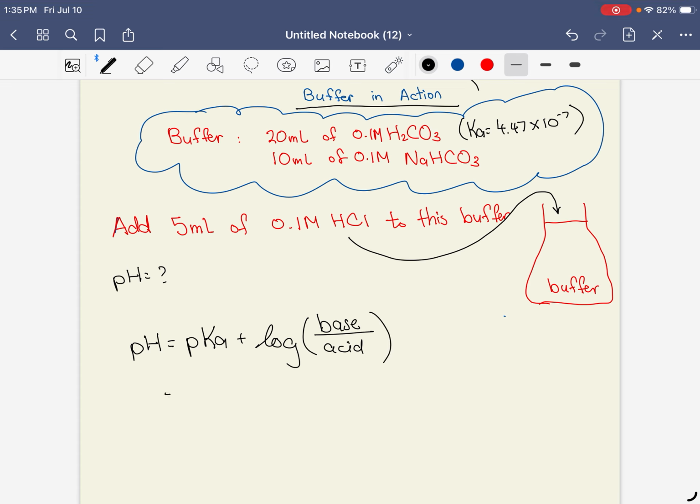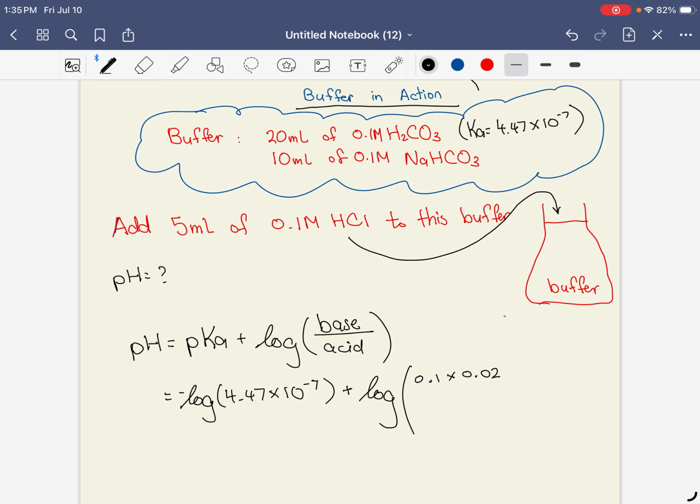Okay, so first I'm going to negative log my pKa, which is the dissociation constant of my buffer, plus I'm going to log my base, 0.1 times 0.02.